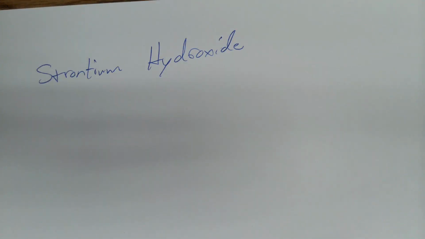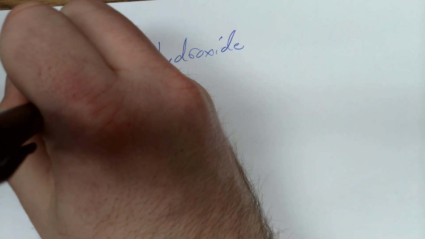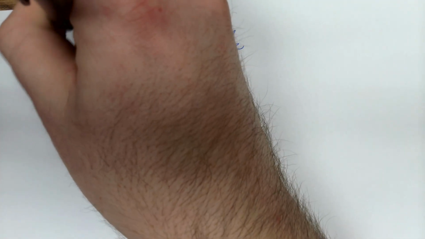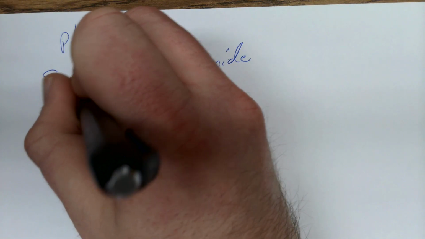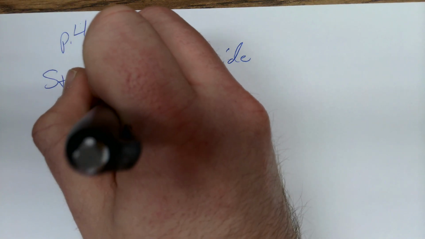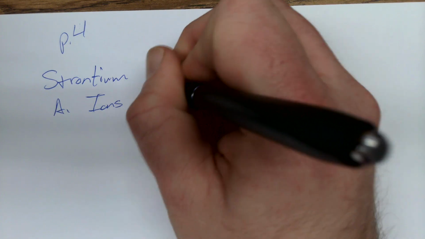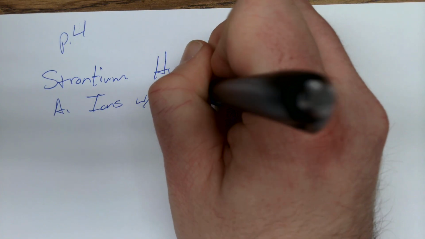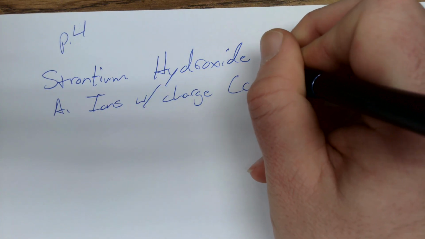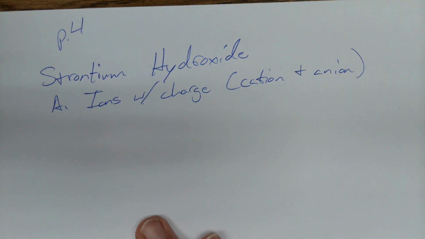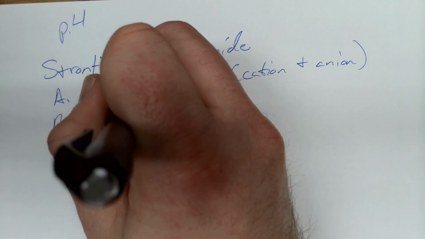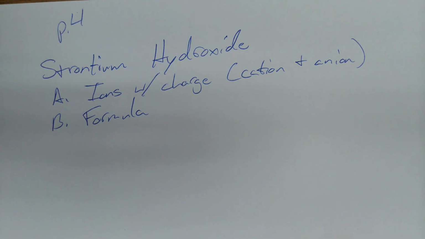So, for number 4, there are two things that we're going to do. We're on page 4. First thing I'm going to do is write out my ions with their charge. So that's going to be my cation and my anion. And then for B, I'm writing out the formula for that compound.